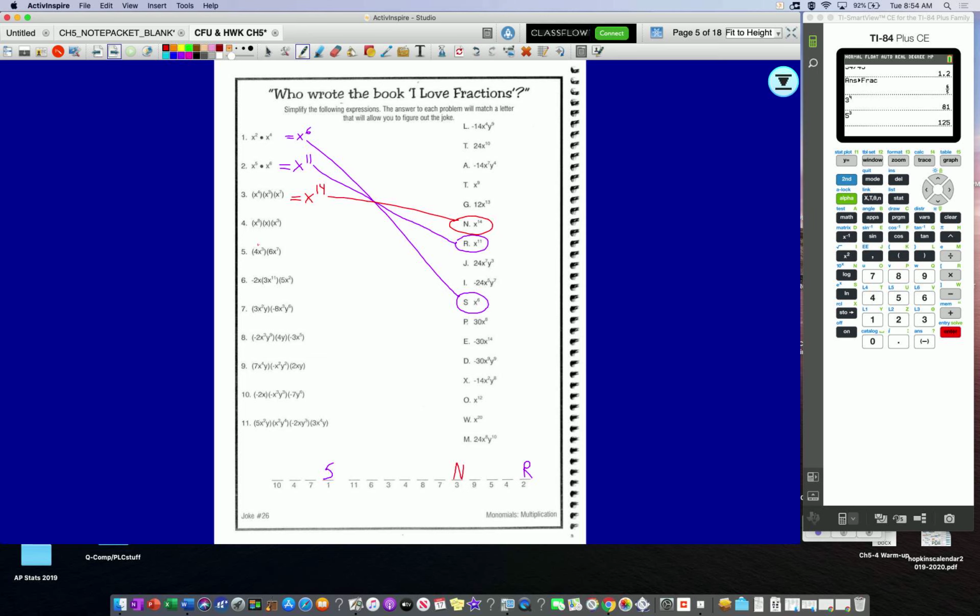Here again, we add the exponents. X to the 5th times x, which is like saying x to the 1st, times x to the 3rd, that's x to the 9th. I'm going to zoom in here for a second.